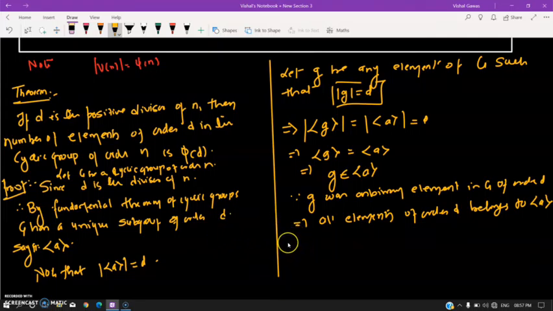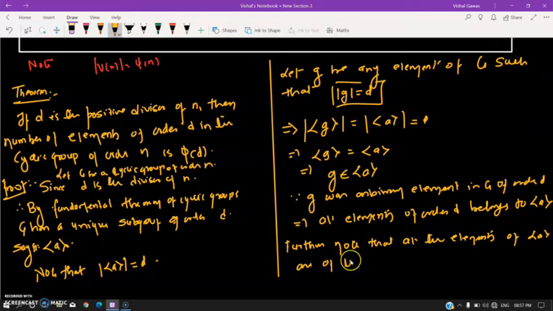Note further that all the elements of the subgroup generated by a have the form a raised to k, where k is at most d, because this has order d. The moment you look at a raised to d, you get the identity.